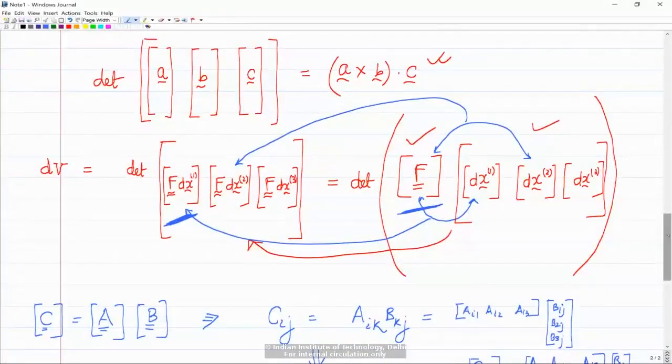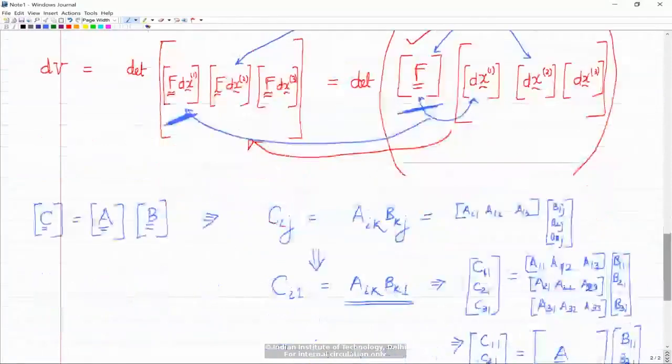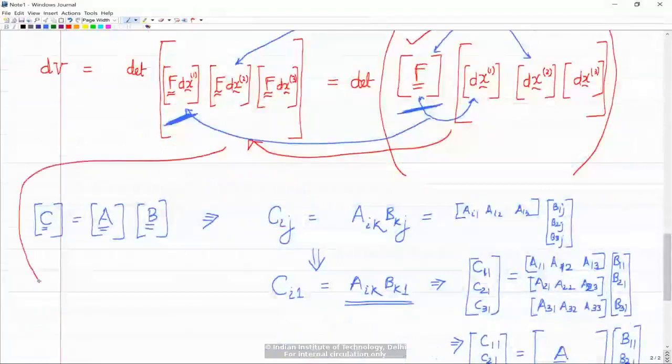Okay, so having seen this, we can now proceed further. Can we now write that dV is therefore the same as the determinant of the product of two matrices? The determinant of a product of two matrices is the same as the product of the determinants of the two matrices.